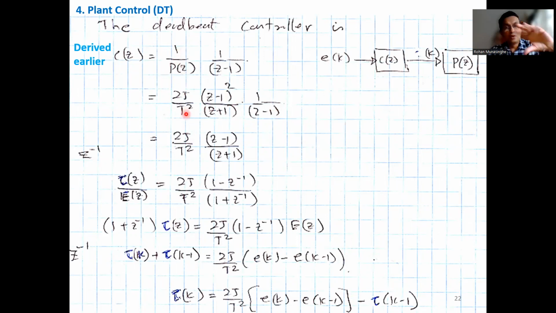This is 1 over PZ, whole thing will flip upside down, right? So we have the control here, 2j over t square, Z minus 1 over Z plus 1.